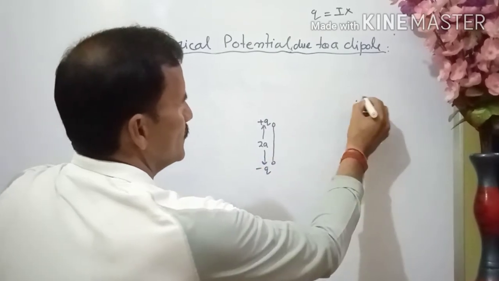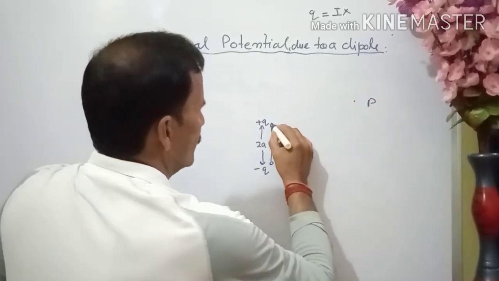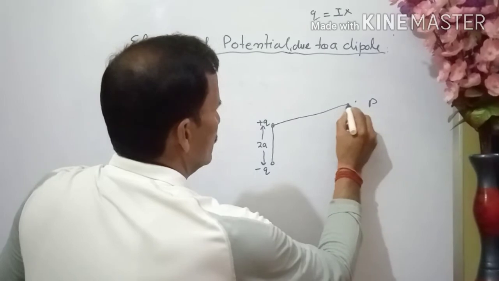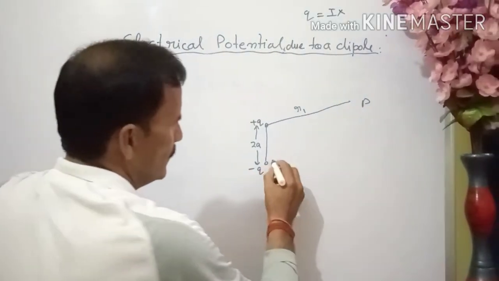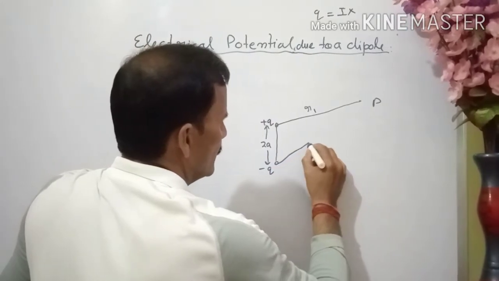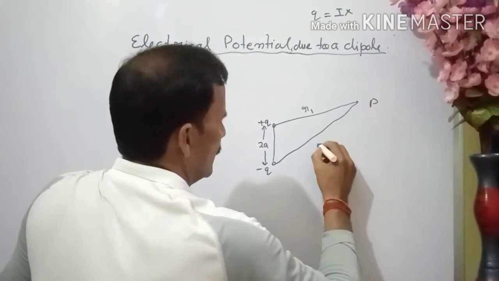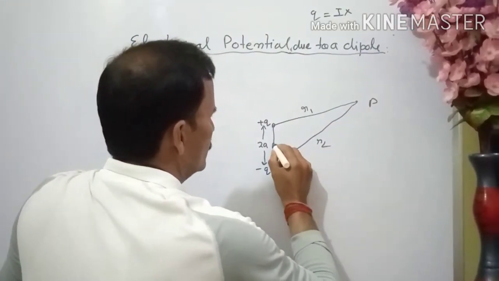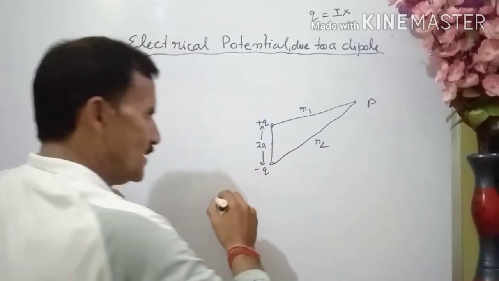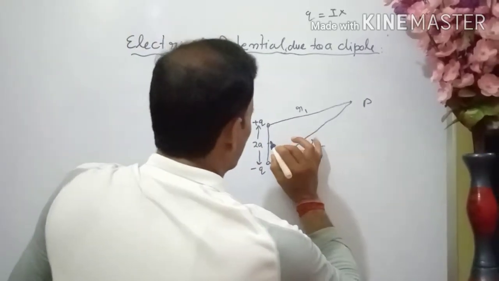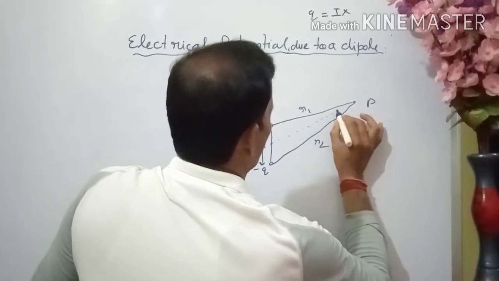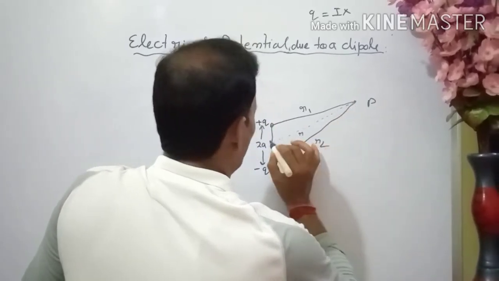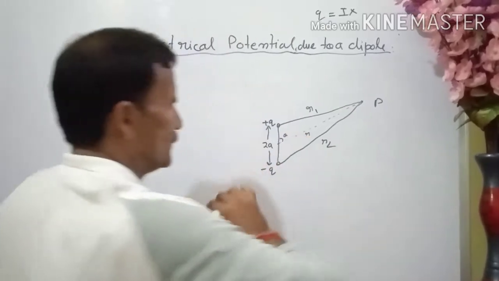And suppose there is a point P, and you are required to find the potential there. Suppose the position vectors are R1 and R2, and suppose this is the middle point, and the distance of the point from the middle point is R. Let this angle be theta.